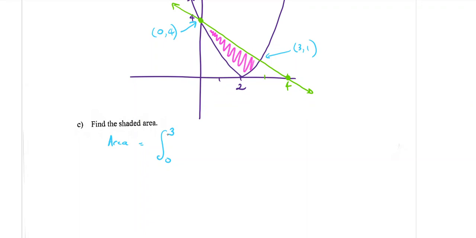The equation of the line was 4 minus x. Then I have to subtract the lower graph, which is my parabola, and just be really careful, because you're subtracting an entire equation, that minus sign is going to have to expand through that second equation.